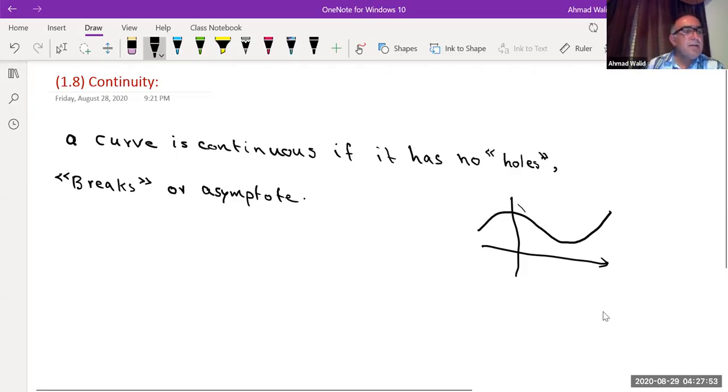Now let's make this definition a little bit more professional. A function f is continuous at a point a.